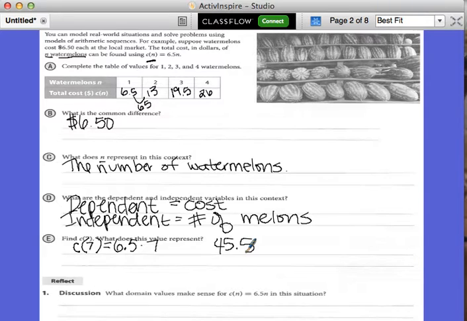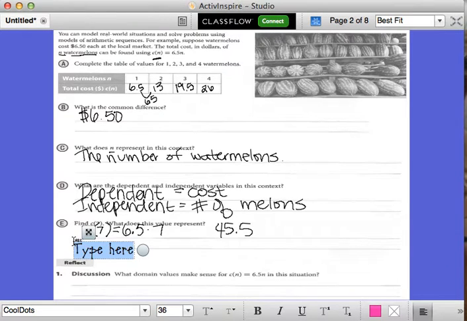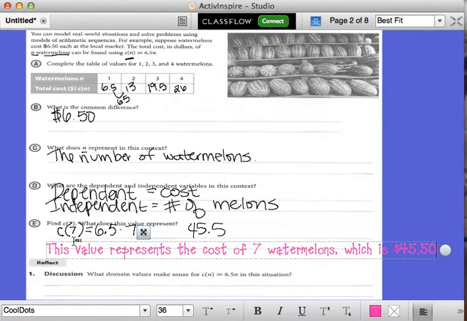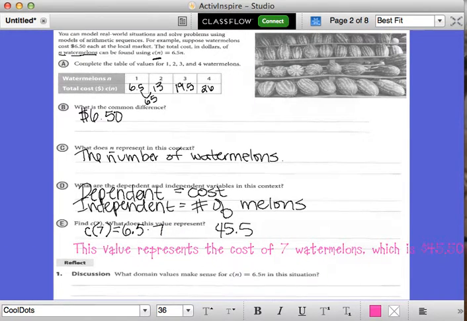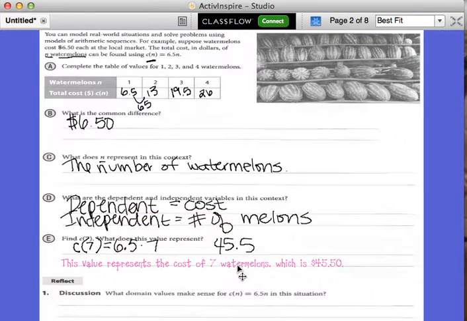This value represents how much the cost of 7 watermelons will be. And I'm going to type this so it goes a little faster. So this value represents the cost of 7 watermelons, which is, now we can't just put 45.5, we have to put $45.50. All right, make that a little bit smaller so it fits on the page. There we go.